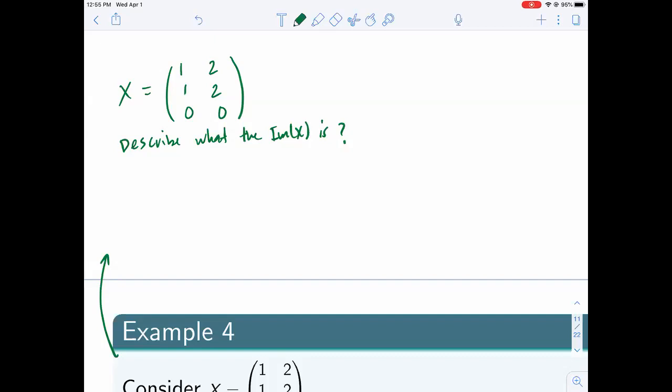That means that the image is just a line in the XY plane. Yes, good.